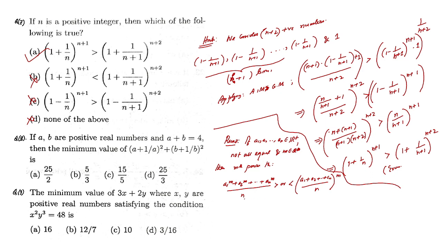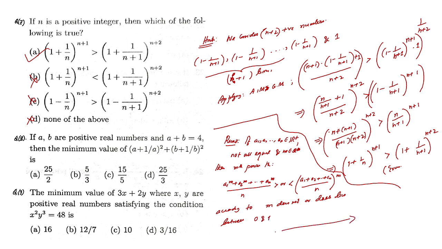Greater than holds if m does not lie between 0 and 1, less than if it does lie between 0 and 1.